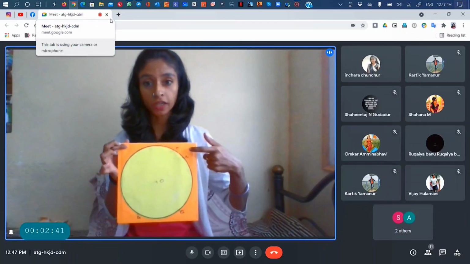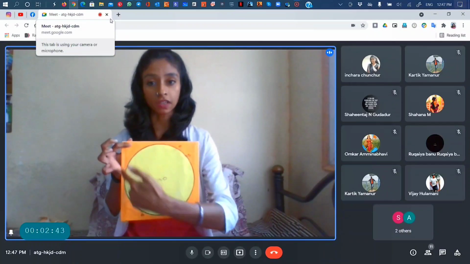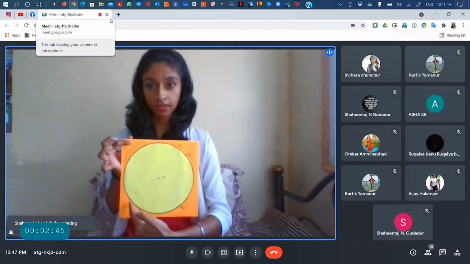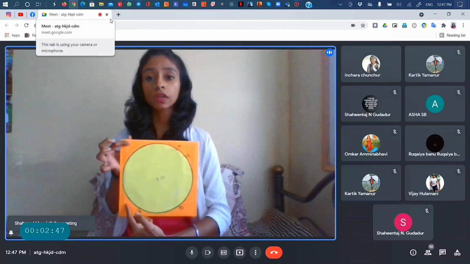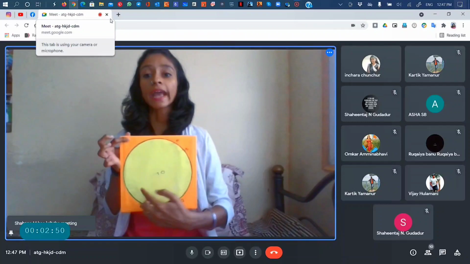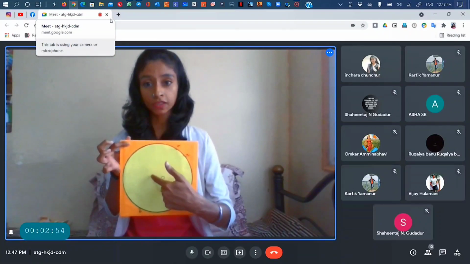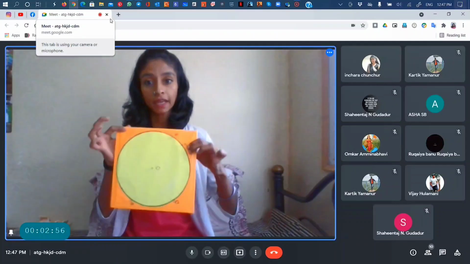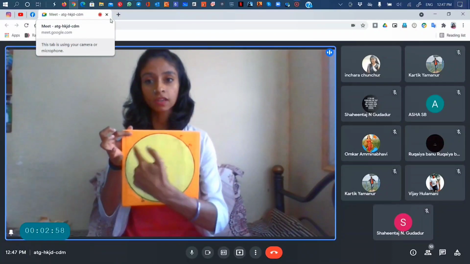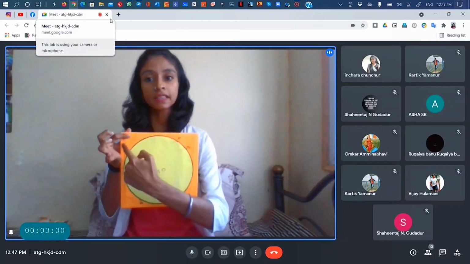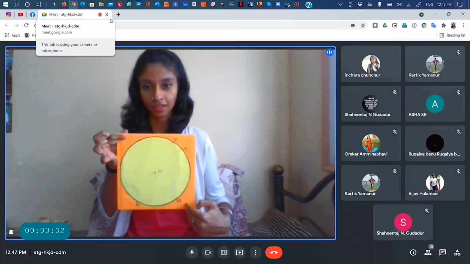And the third component is the exterior of the circle. Any area that lies outside of the circle is called the exterior of the circle. So we understood the three components of the circle in a 2D plane: the interior of the circle, the circle itself, and the exterior of the circle.